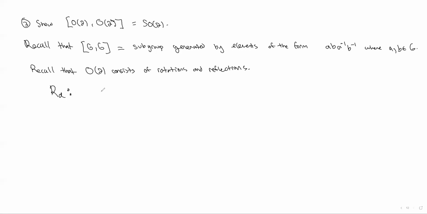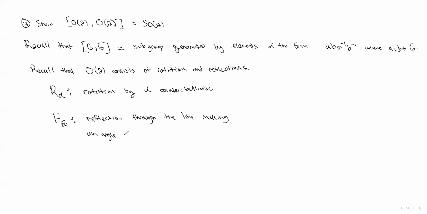So R alpha will denote the rotation by alpha counterclockwise, while F beta will be the reflection through the line making an angle of beta with the positive x-axis.